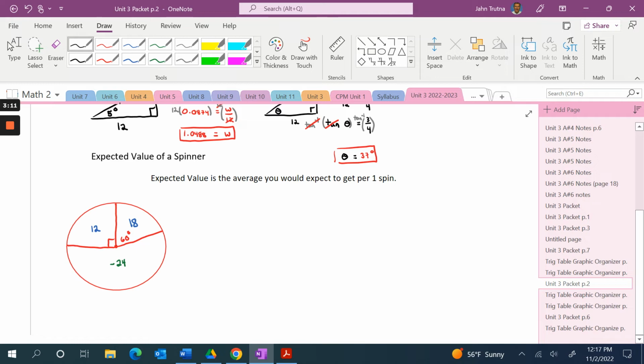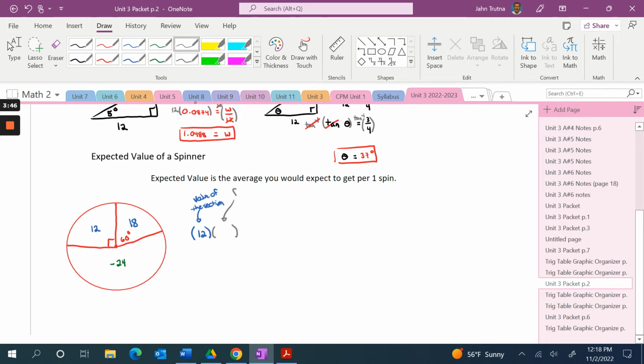The process is this. You take the value of the section. First, let's talk about the 12-point section, which is obviously worth 12 points. You take the value of the section, and then you multiply that value by the probability, or the fraction, that that section is of the circle.